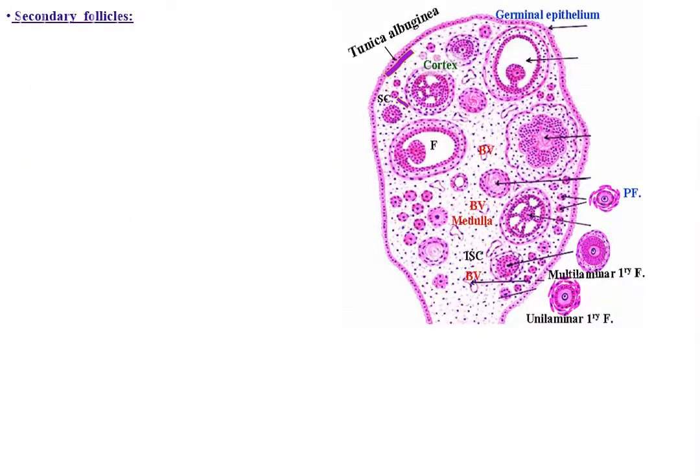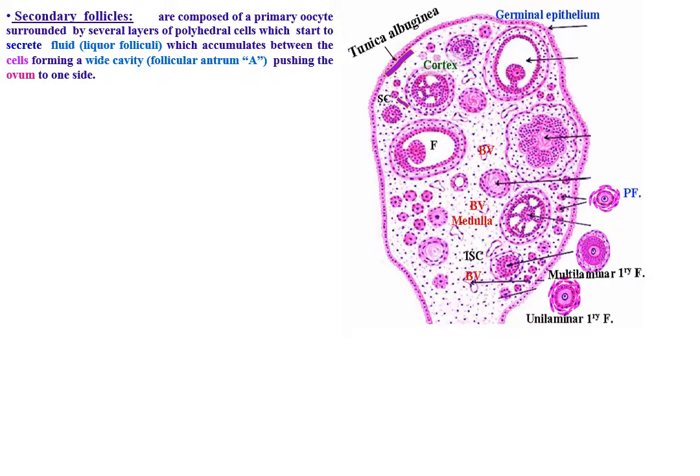Secondary follicles are composed of a primary oocyte surrounded by several layers of polyhedral cells, which start to secrete fluid, liquor folliculi, which accumulates between the cells, forming a wide cavity, follicular antrum, pushing the ovum to one side.